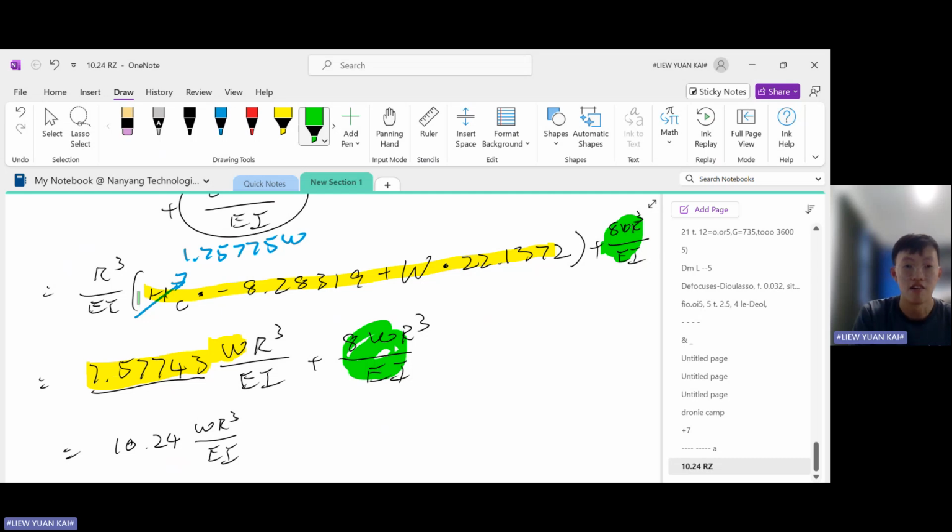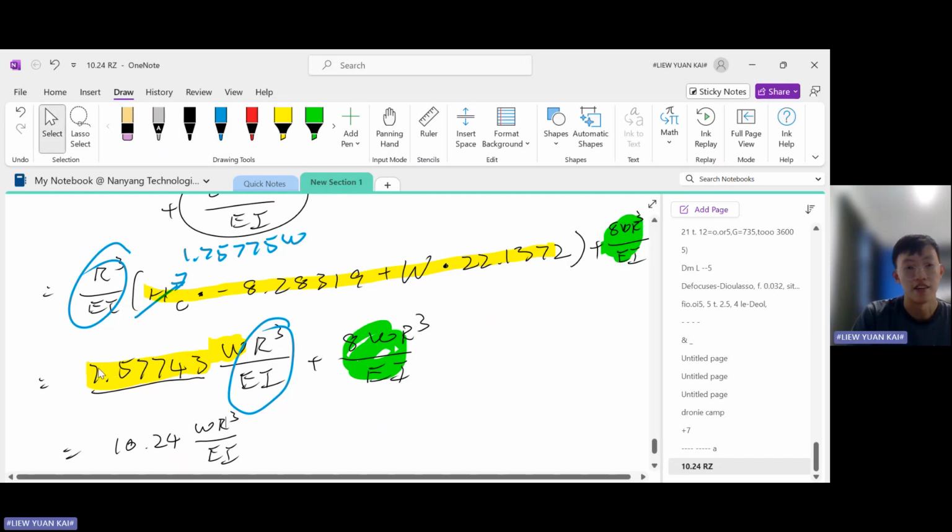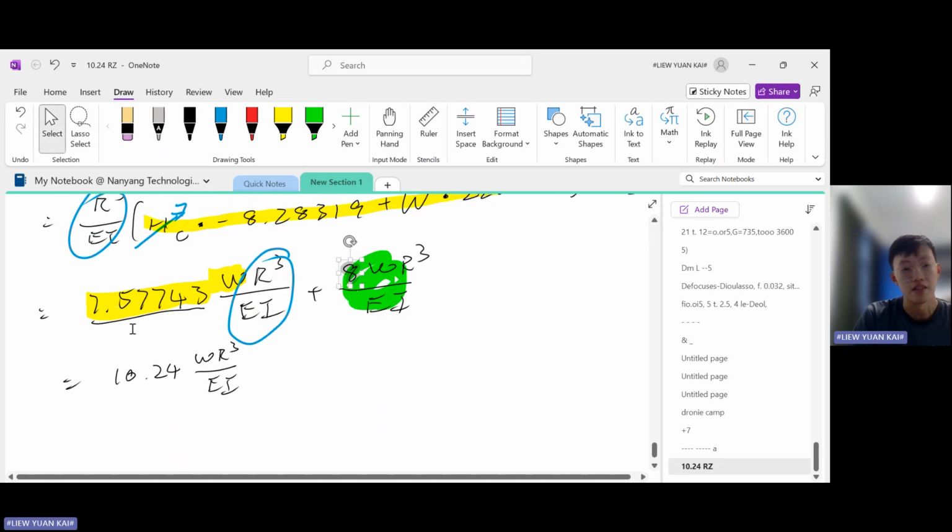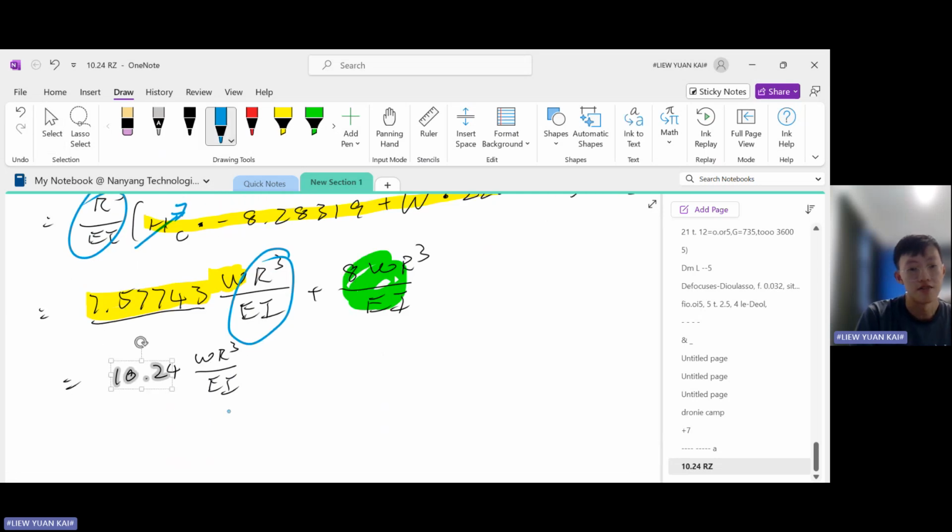So the whole thing in this bracket will become 7.57743 w. Then I multiply it with this. This is just this. This r cubed over EI was from the front. And then if I add the two terms together, so 7.577 plus 8 will give me 10.24. Voila! This is your result.